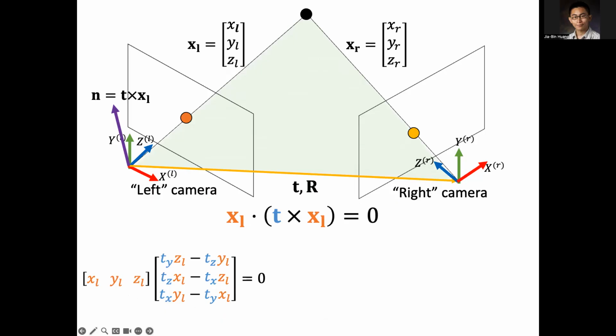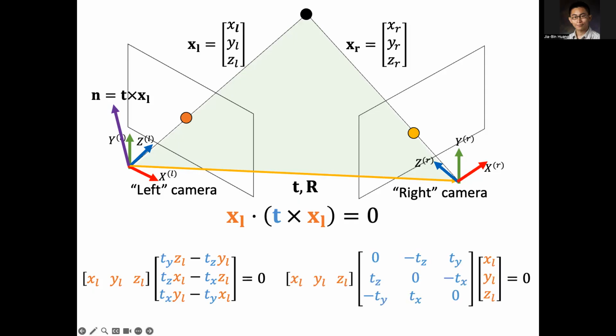But something a little more interesting is that this T cross XL is kind of hard to work with, because it has terms like TY times ZL minus TZ times YL. I can make it easier to work with. Any cross product between two vectors can be described by a matrix vector multiplication. You can see these are just linear combinations of XL, YL, ZL, so I can write the same thing as a matrix multiplication like this.